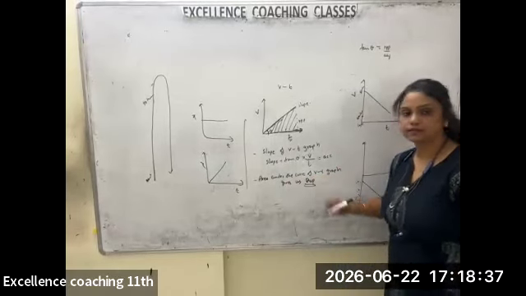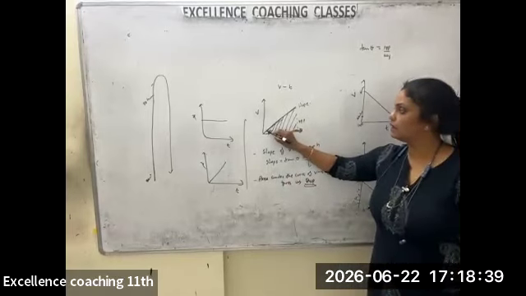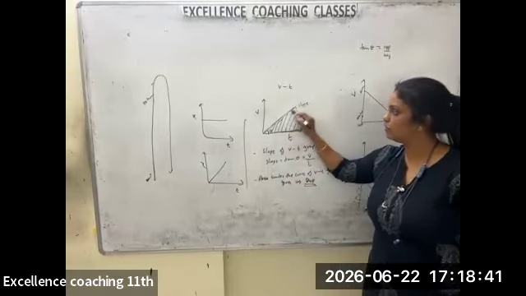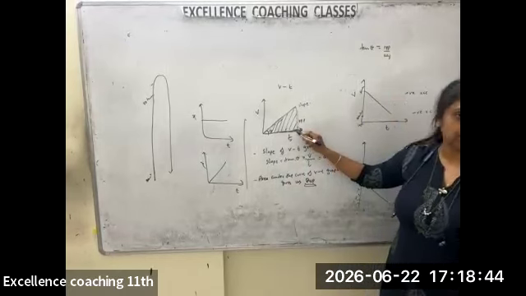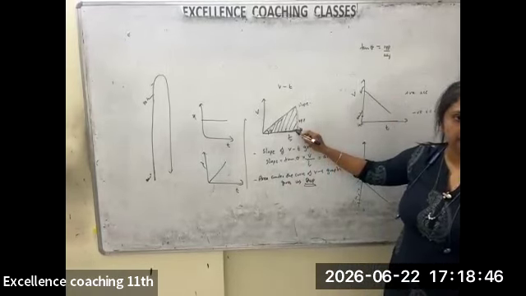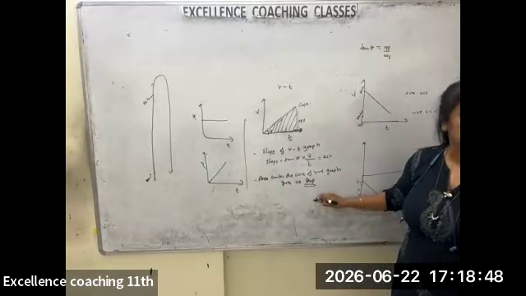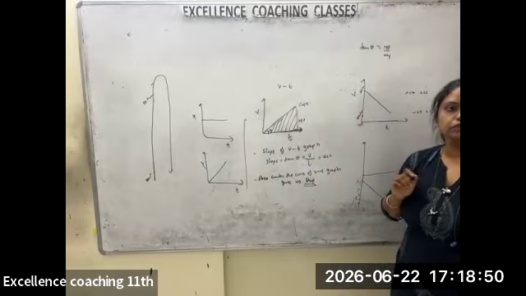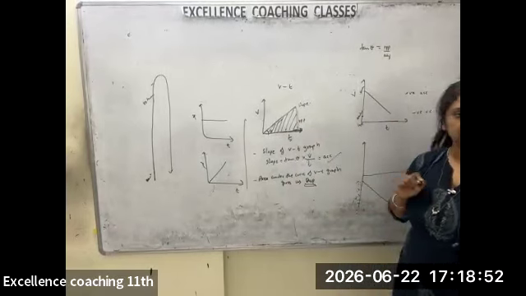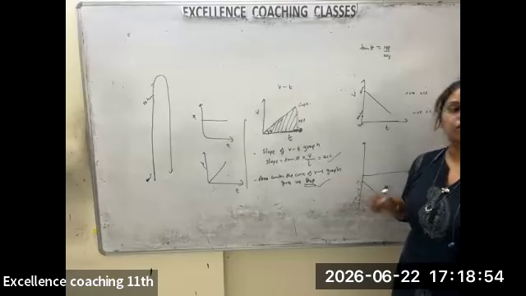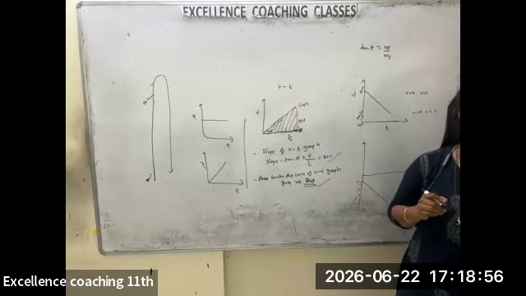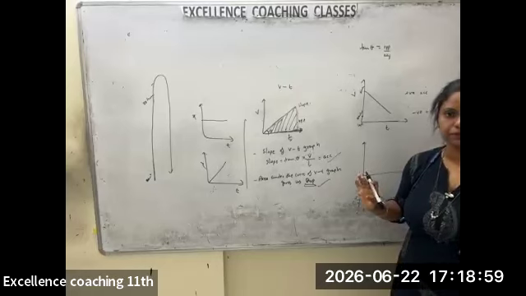What is this area, what figure is it? A triangle. Half into length into breadth gives us displacement. So the slope of the VT graph gives you acceleration, and the area under the curve of the VT graph gives you displacement. This is extremely important. Note down.